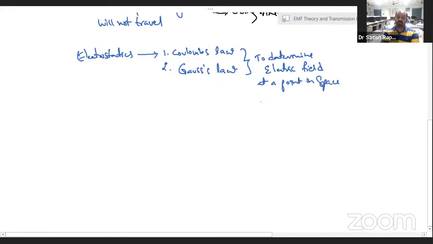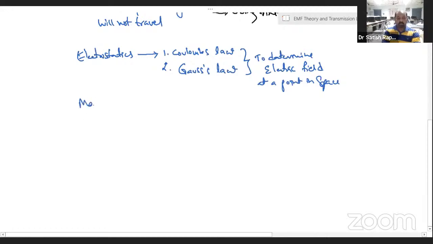Coulomb's law is used to determine electric field at a point in space, and Gauss law is also used to determine electric field at a point in space. How we can determine electric field using Coulomb's law and Gauss law, those things we will discuss later.